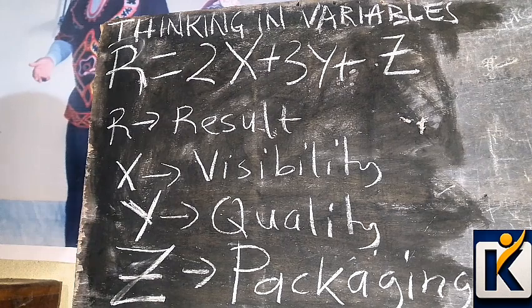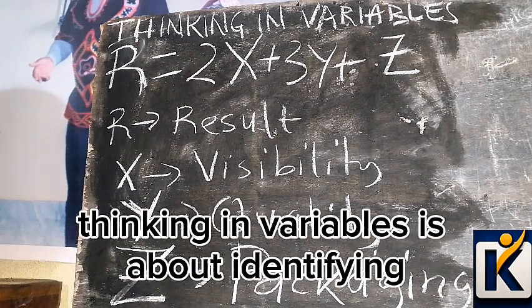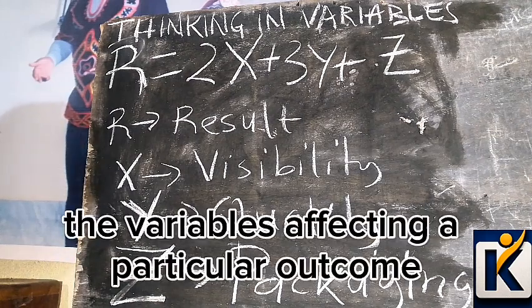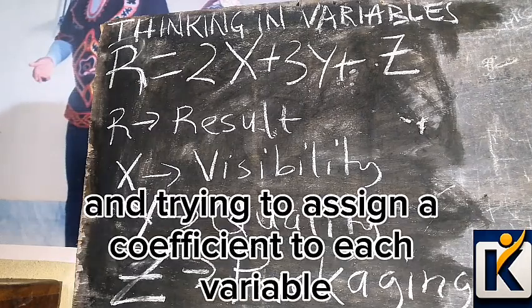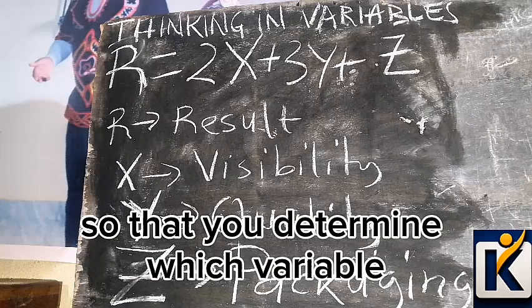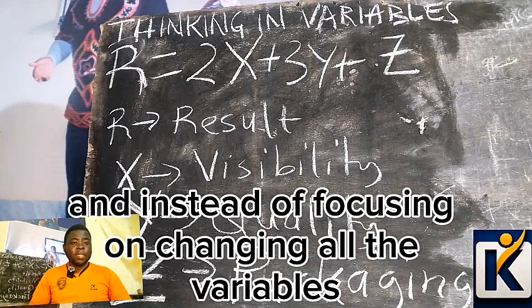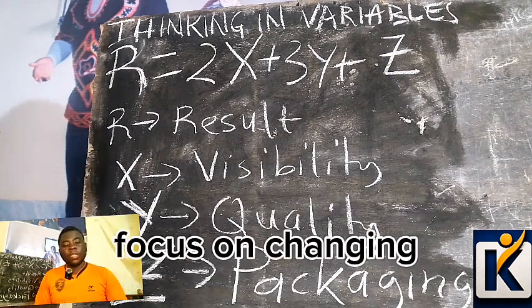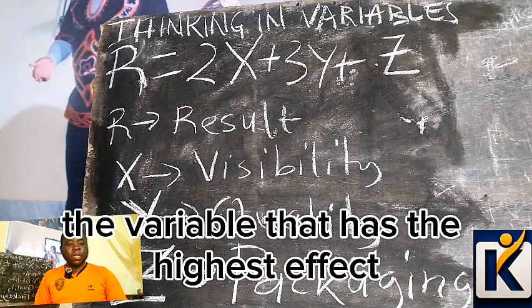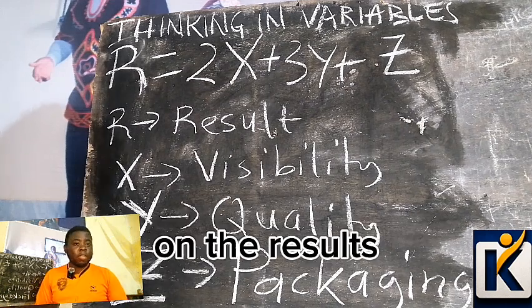So thinking in variables is about identifying the variables affecting a particular outcome and trying to assign a coefficient to each variable so that you determine which variable influences the results you desire the most. And instead of focusing on changing all the variables, you focus on changing the variable that has the highest effect on the result.